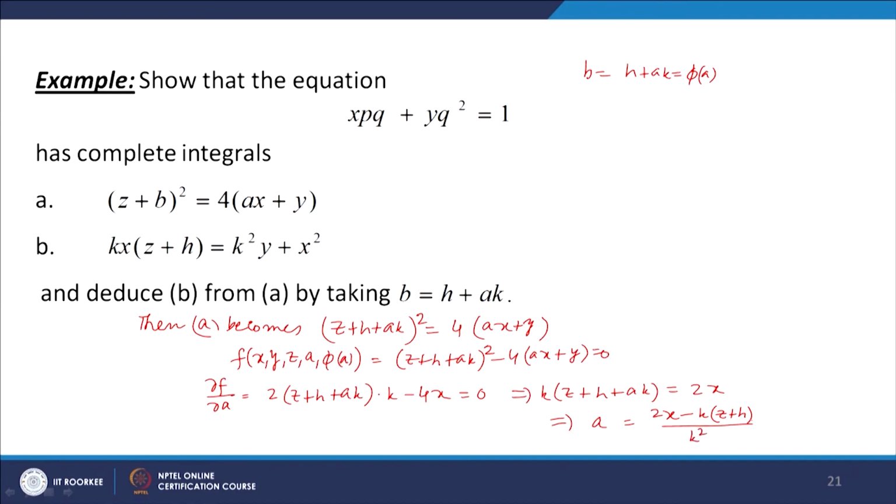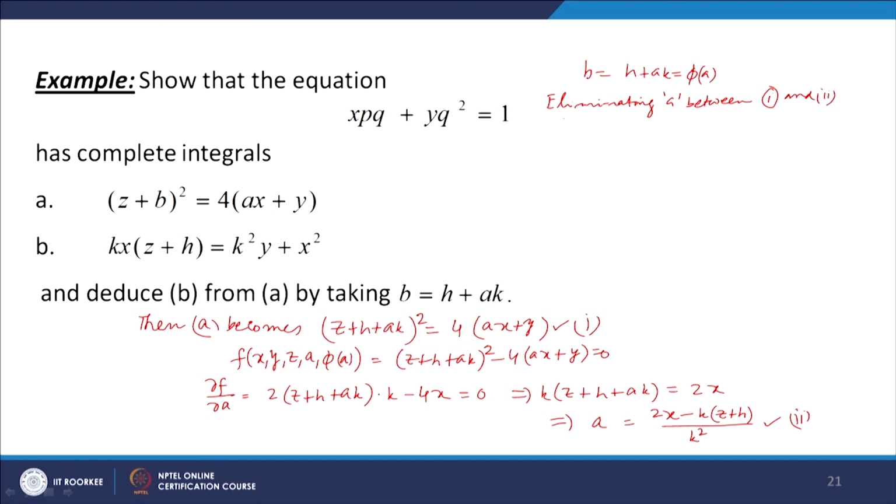Now, let us eliminate a between this equation and this equation. Let me call it as 1 and this as 2. So eliminating a between 1 and 2, what we will get, z plus h plus ak is 2x by k.